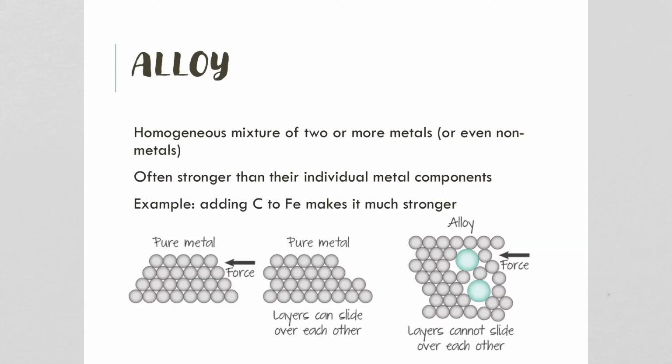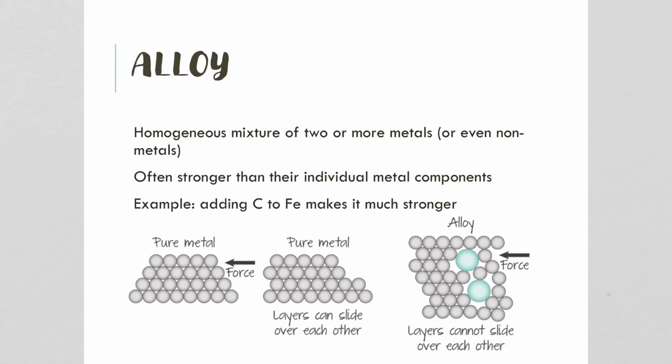So metals can also form alloys with one another and other substances. An alloy is a homogeneous mixture of two or more metals, or even metals with some nonmetals. They're often stronger than their individual metal components. For example, if you add carbon to iron, it will make it much stronger.